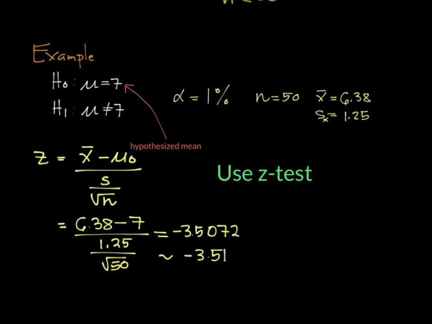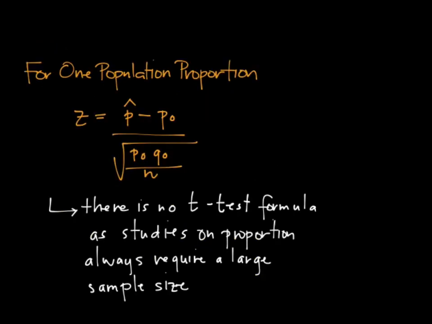the test statistic. Now, in the case that the study is about one population proportion, take note that the z-test statistic will have a different formula. And the formula for the z, if it is a one population proportion, is p hat minus p sub 0. The p hat is the sample proportion.